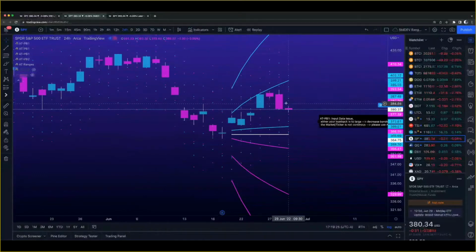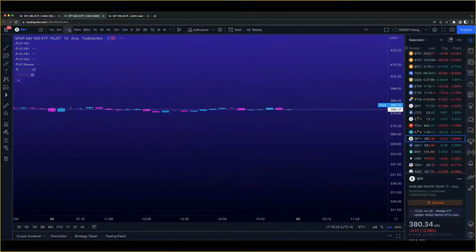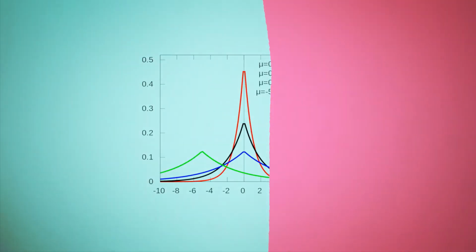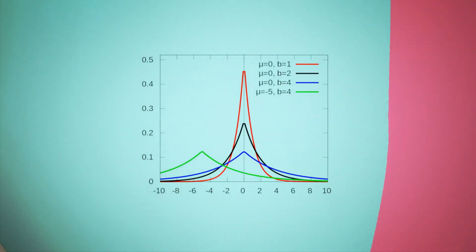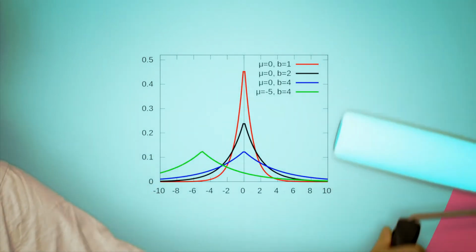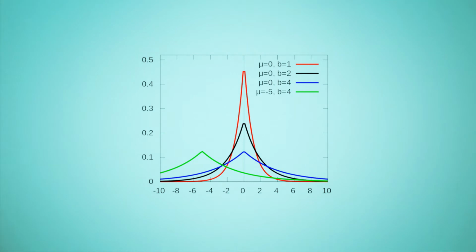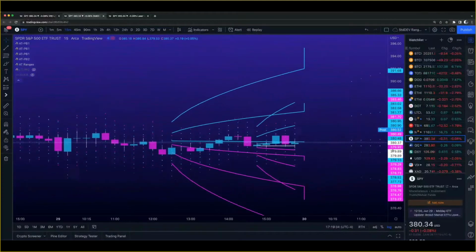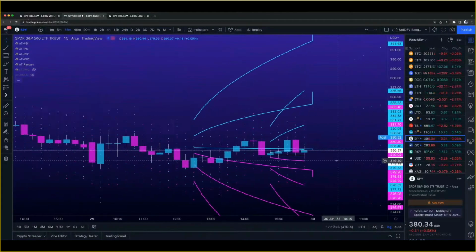It gives better reads, and you can really see it. Go down here and run these on a 15-minute.